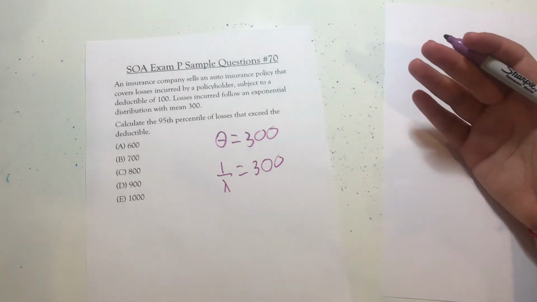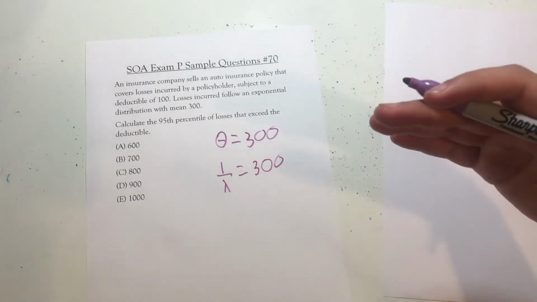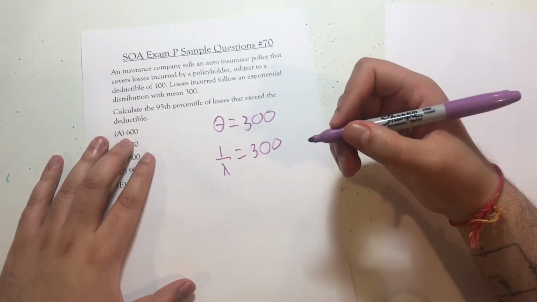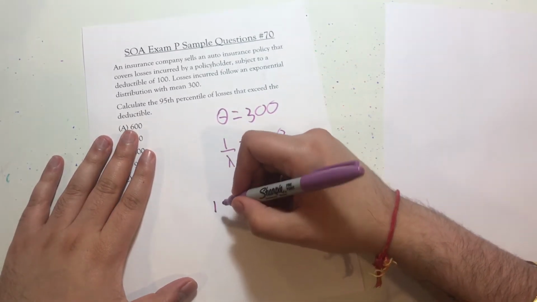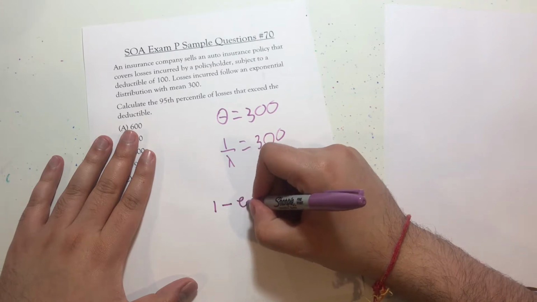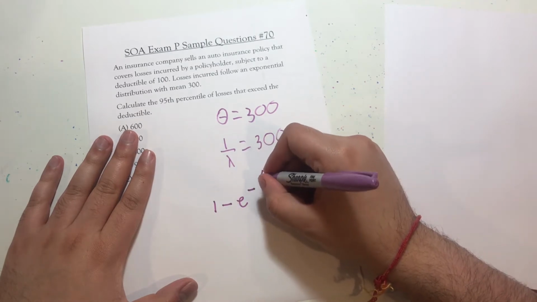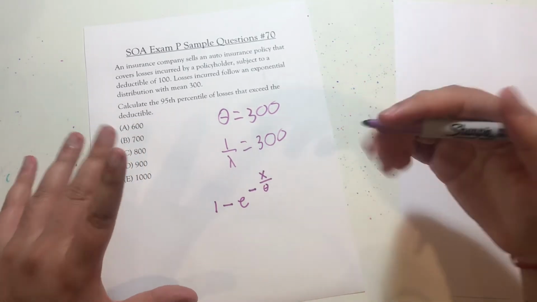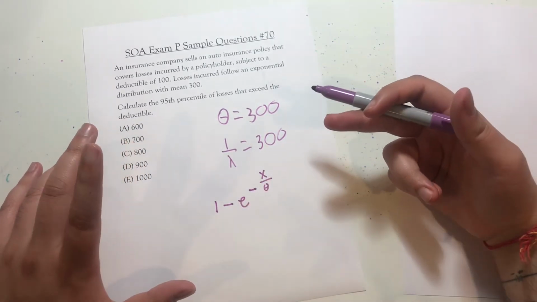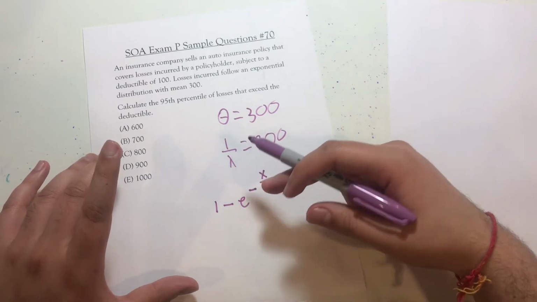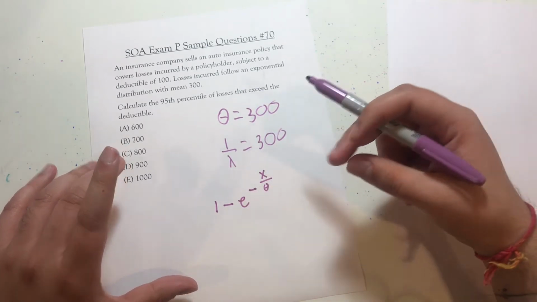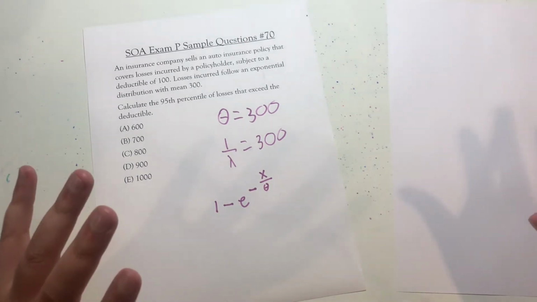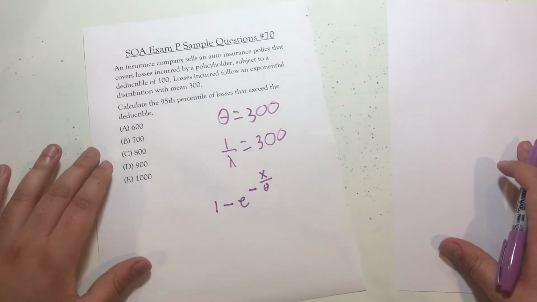The thing that's going to be important here is the CDF, the cumulative of an exponential, which I will write as 1 minus e to the negative x over theta, whereas others might write it as 1 minus e to the negative x times lambda. Right, so that's just a small difference there, just so you don't get confused on what I'm talking about.